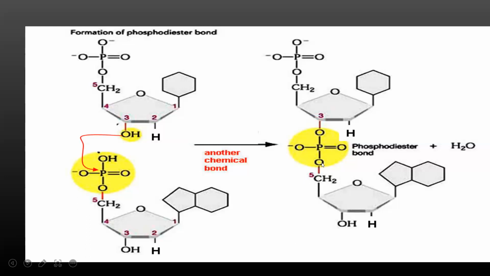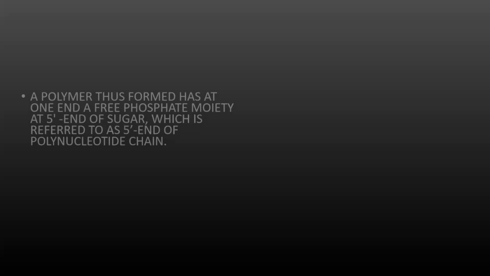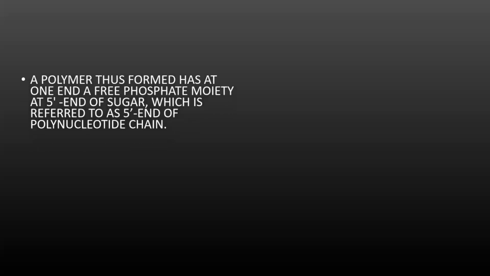So dash O dash, but since there is phosphate, it is called phosphoester. Dash O dash is the ester bond, so since here it is phosphate, it is called phosphoester. And there are two phosphoester bonds. That's why it is called a phosphodiester bond. Okay. One phosphate, two ester. That's why phosphodiester.